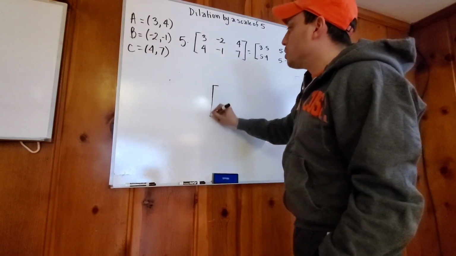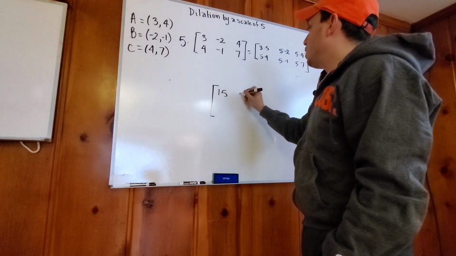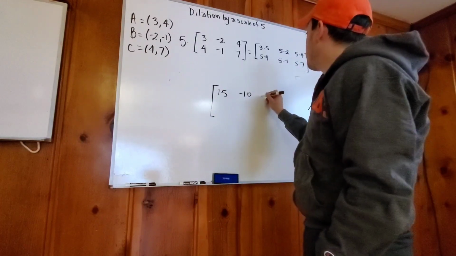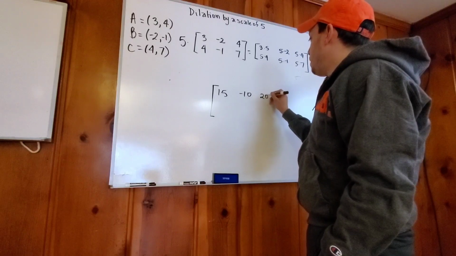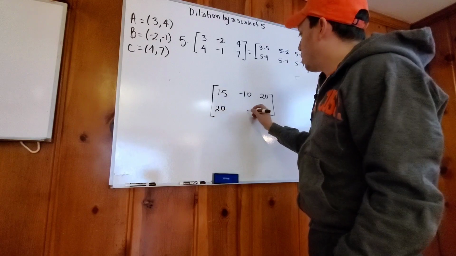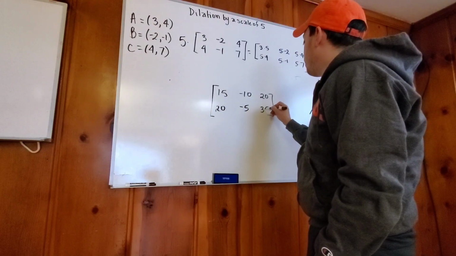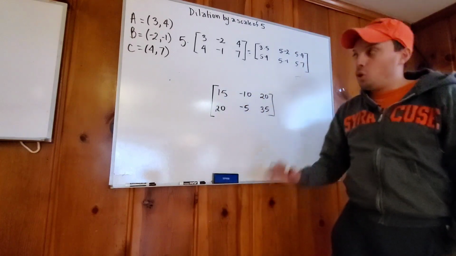And so my resultant matrix is going to be 15, -10, 20, and 20, -5, 35. And that's it. That's all you need to do.